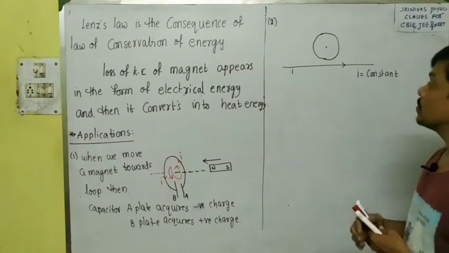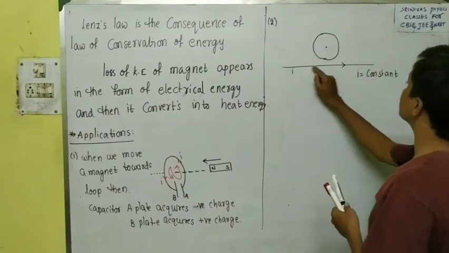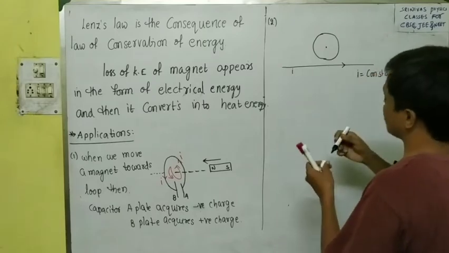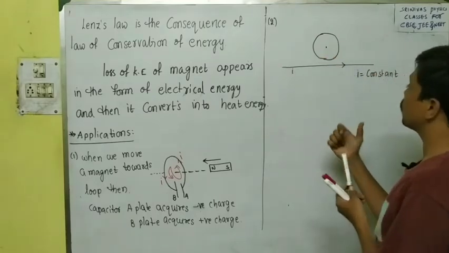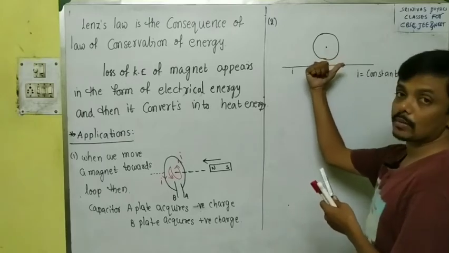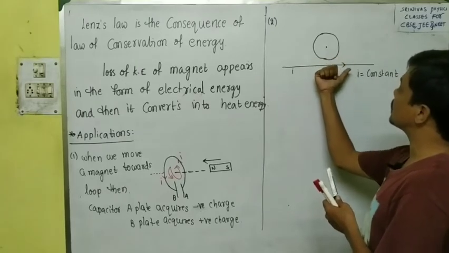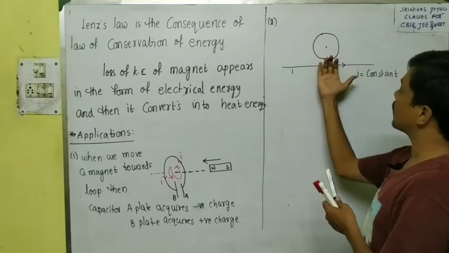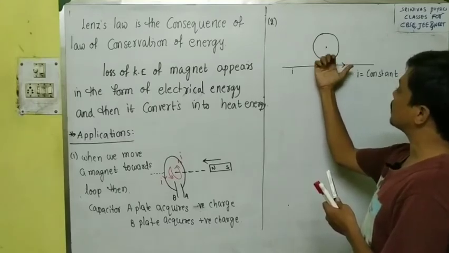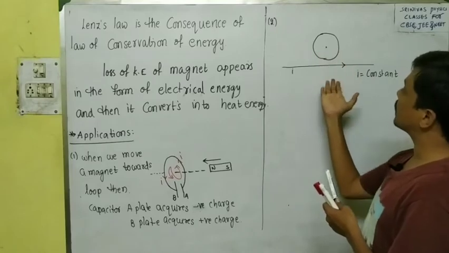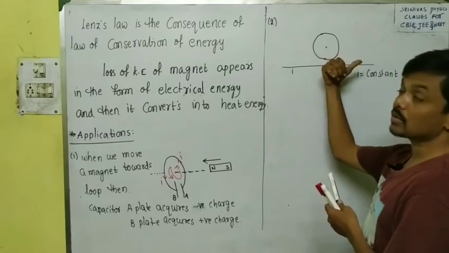Why? Because when the current is constant, then around the current carrying wire a field will be generated. We have to use the right hand rule. Around the straight current carrying wire, the magnetic field is produced in such a way that we hold the wire in the right hand so that the thumb shows the direction of the current and the curled fingers indicate the direction of the magnetic field.